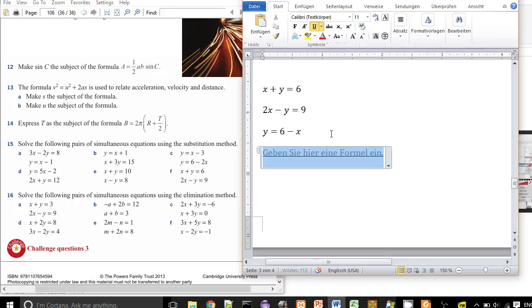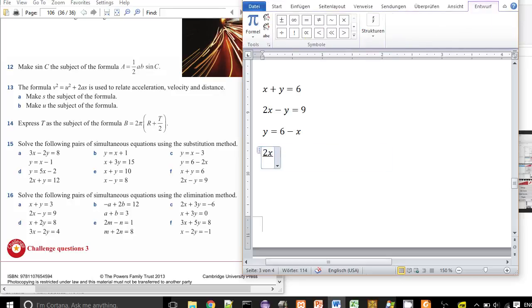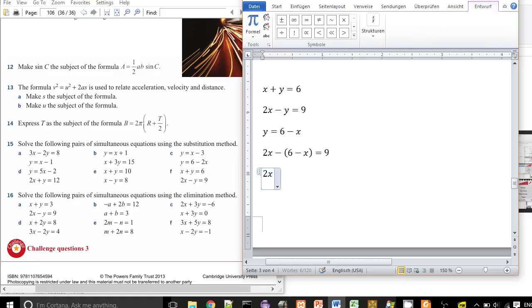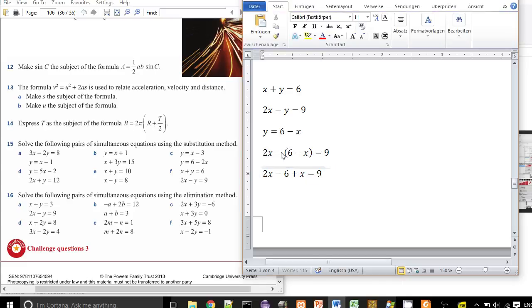So 2x minus y, but instead of y it's 6 minus x equals 9. Whoops, so 2x minus 6, but then a minus becomes a plus x equals 9. Alright.